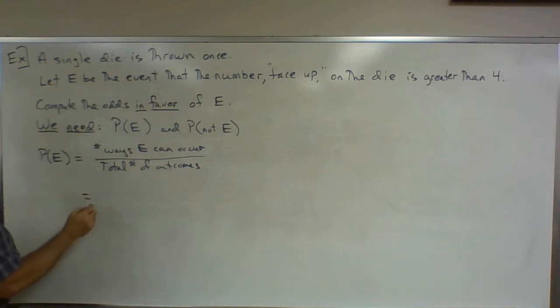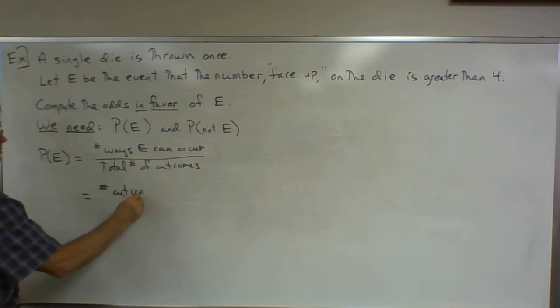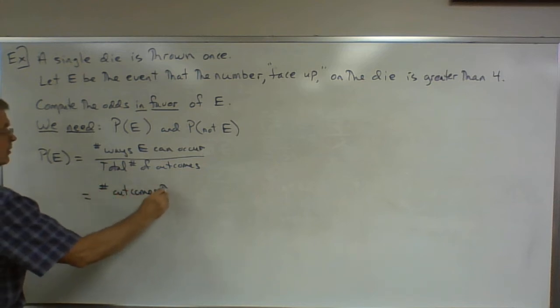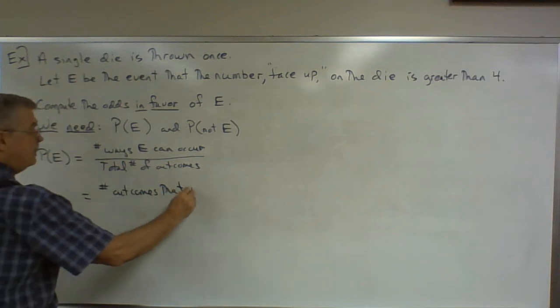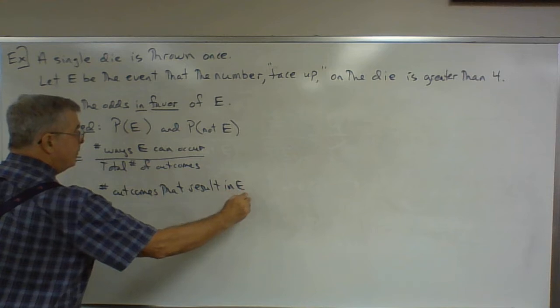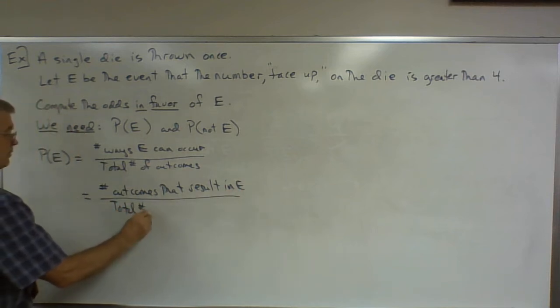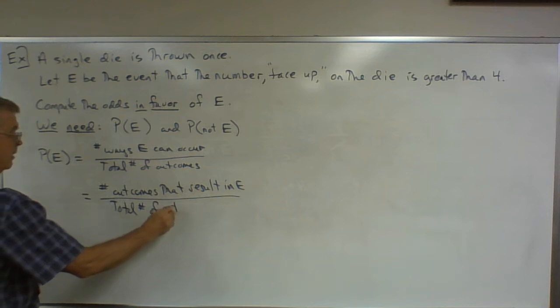And that's the same thing as saying the number of outcomes that result in E over the total number of outcomes.